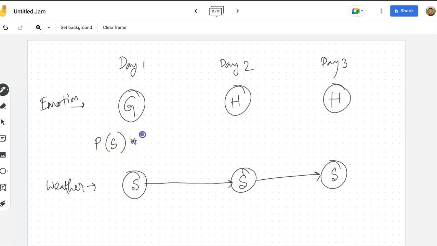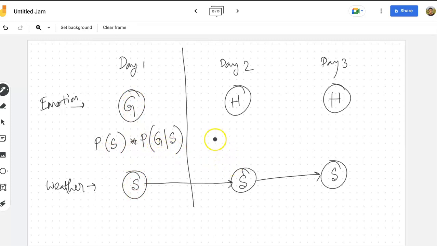Now, given today is sunny, what is the probability of grumpy? This is the first part. So today is sunny, and given sunny, what is the probability today is grumpy?